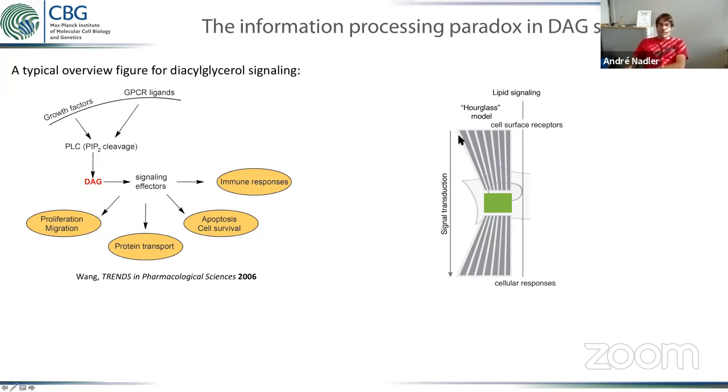So you have a large variety of inputs. You have a similar large variety of outputs, but everything has to be shuttled through this bottleneck of the second messenger. So information that comes from the outside has to be processed through this entire signaling cascade, and also has to pass through a single entity here.